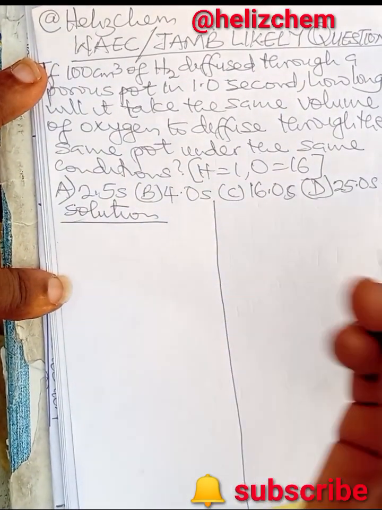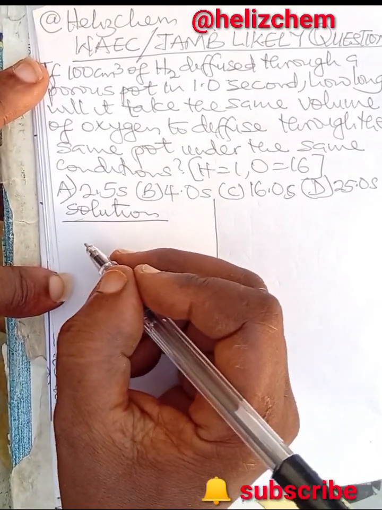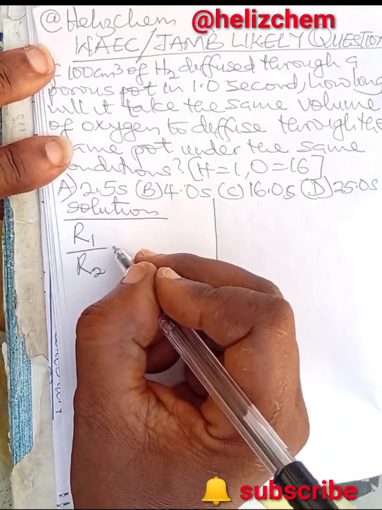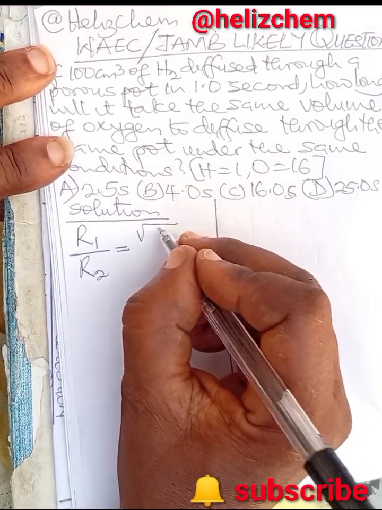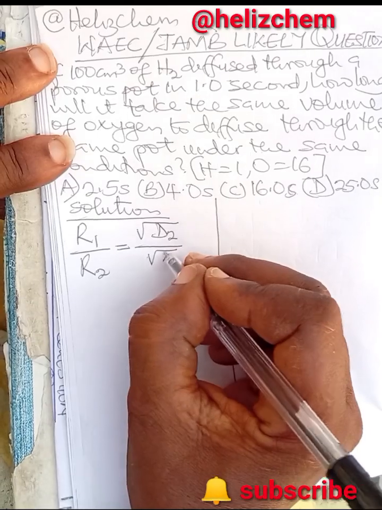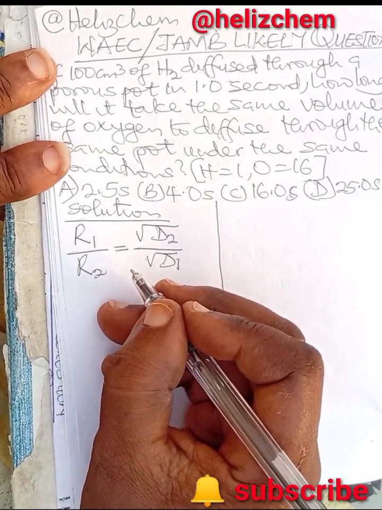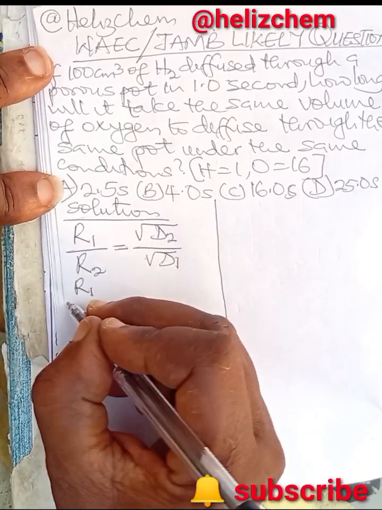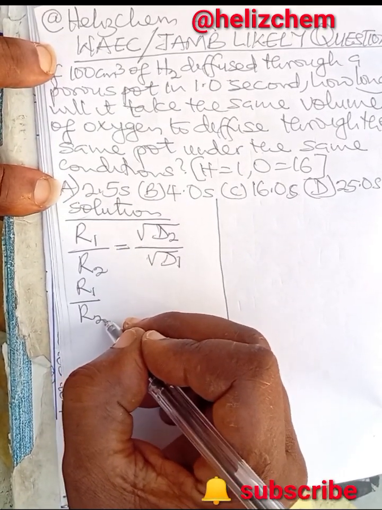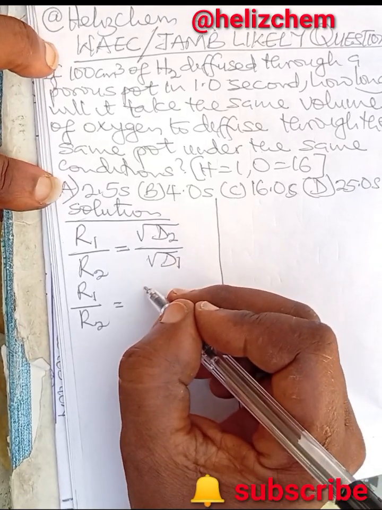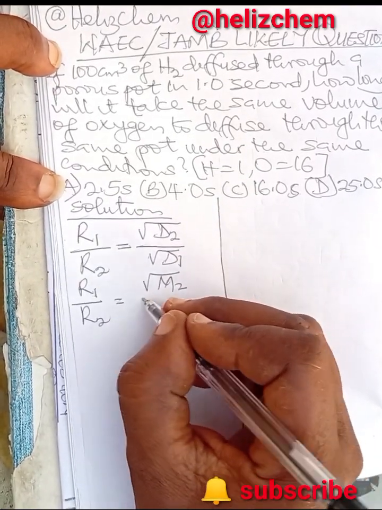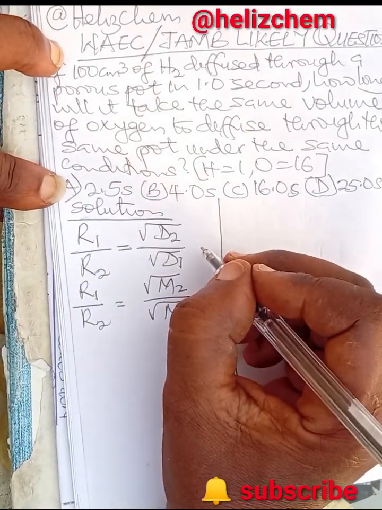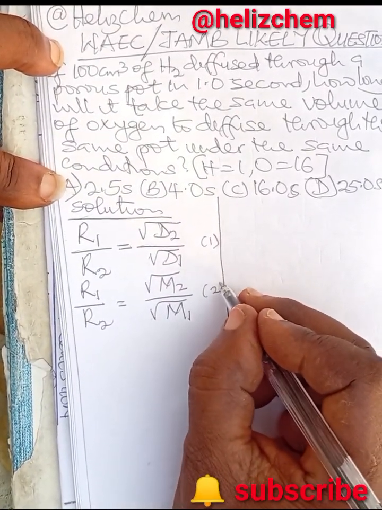So from the definition, we can infer this formula: R1 over R2 is equals to D2 over D1. When you go further, we have also R1 over R2 is equals to square root of M2 over square root of M1. This is equation 1. This is equation 2.